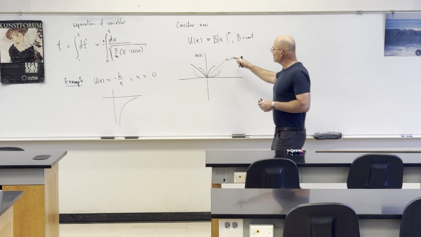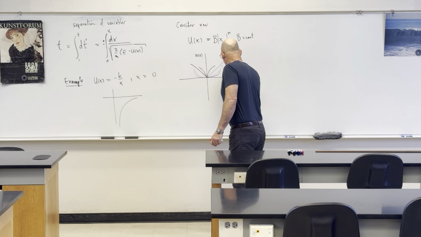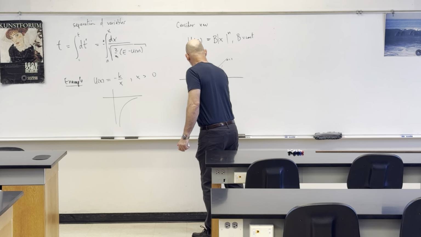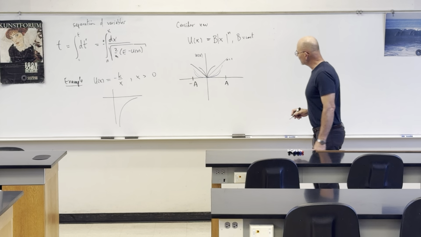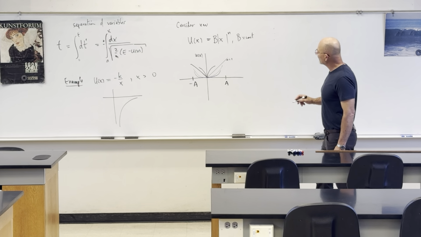So what about energy in a situation like this? We're going to declare an A and a minus A here, thinking of amplitude. And then those will be our turning points.